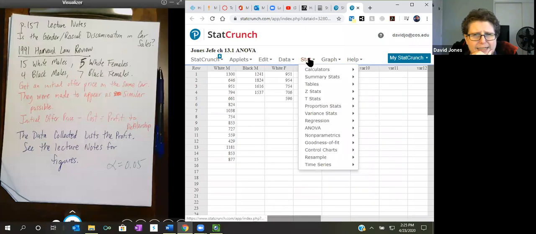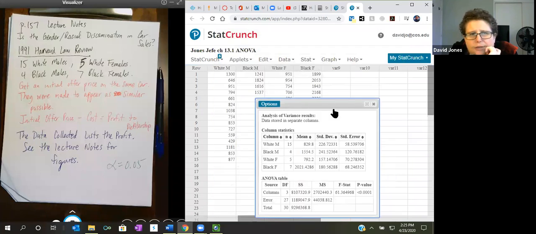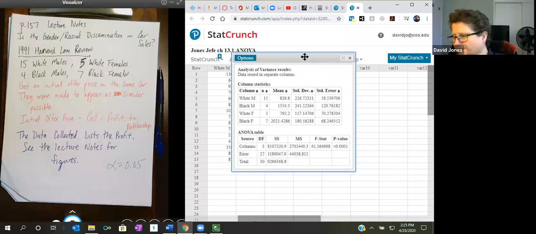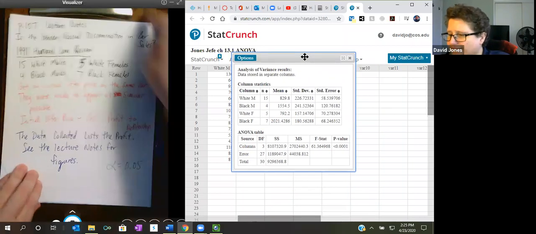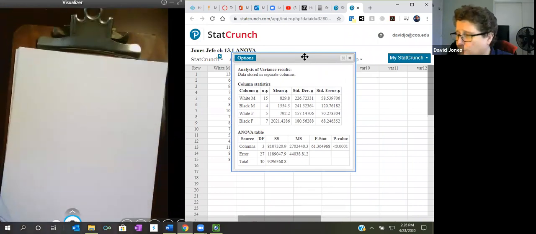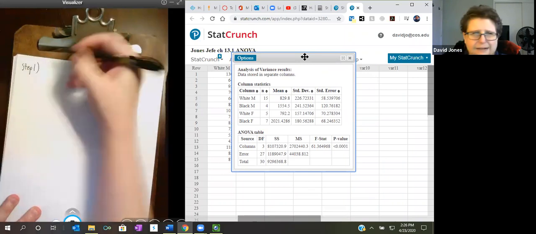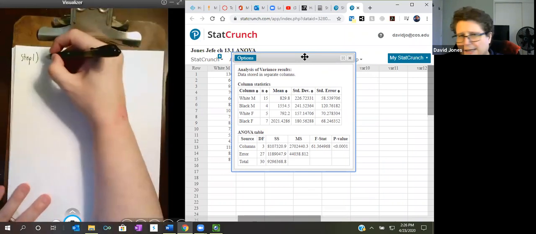Let's do our test. We got stats, ANOVA, one way. And we'll compute it. So I've got the figures there. Let's go through our 5 steps. Step 1, identify your hypotheses.